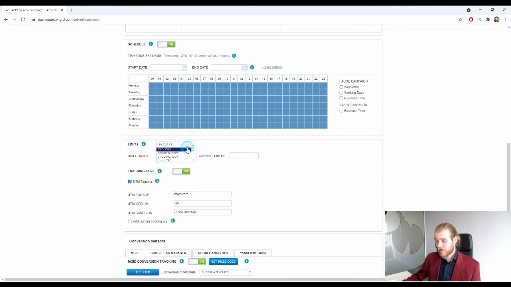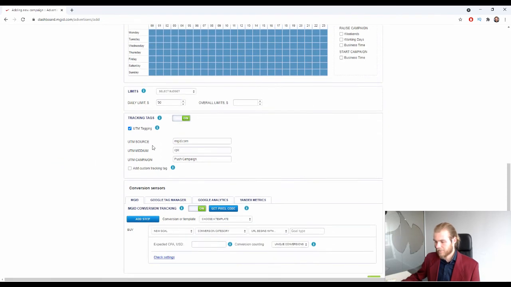Or you can limit yourself by clicks or by conversions, all right? So those are the options that you have, and on all the options you have the daily option and the overall option. So either use one or use both, or use the unlimited option in which you just keep on running. All right, I'm gonna use the budget, $50 a day, that's fine.